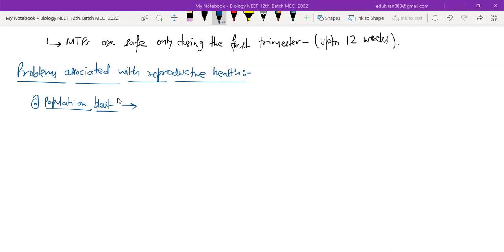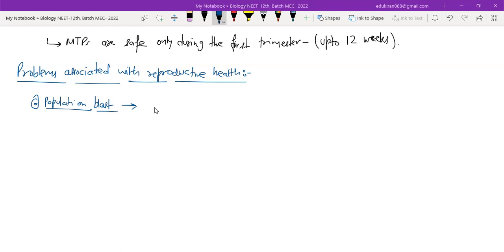To control it. Now this is the problems and strategies part. So what will anyone do to prevent or to control population blast? Okay, let's first write down population blast.